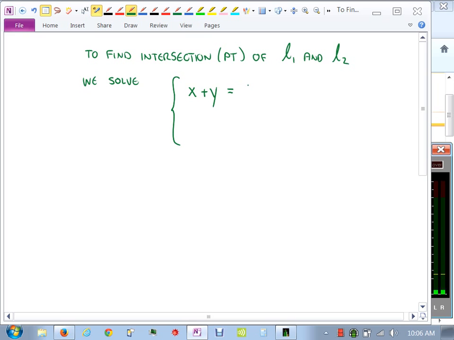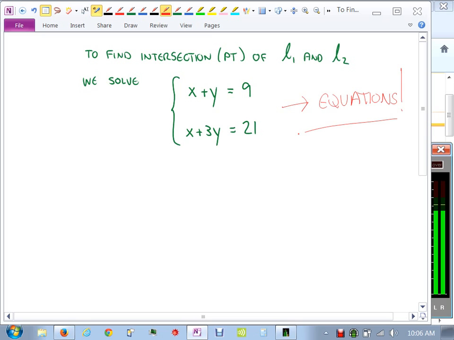We switch it from less than or equal to equal. x plus 3y equals 21. Equations. All right? They're equations now, not inequalities. So I'm going to use substitution.